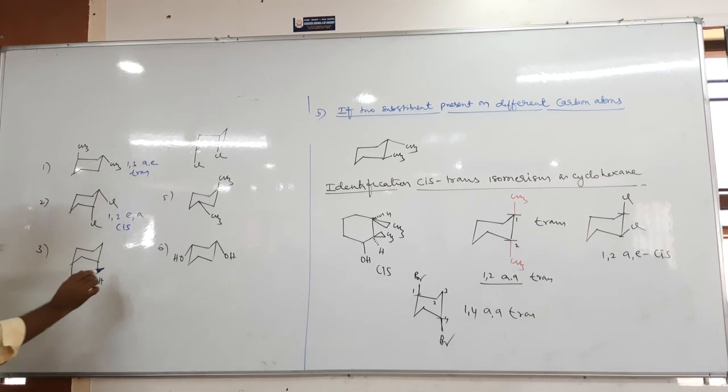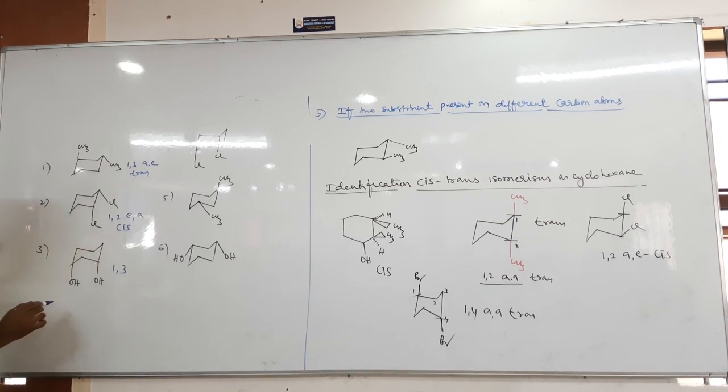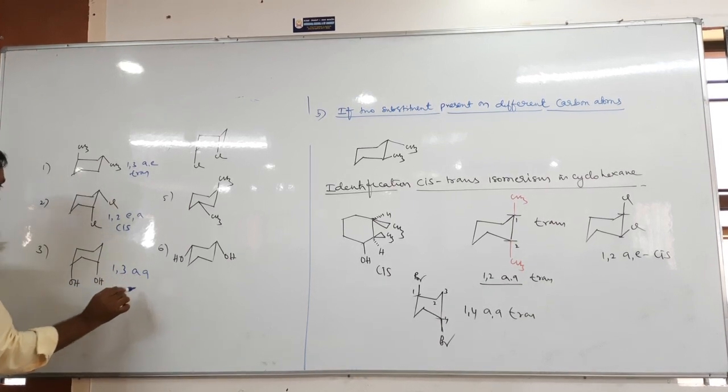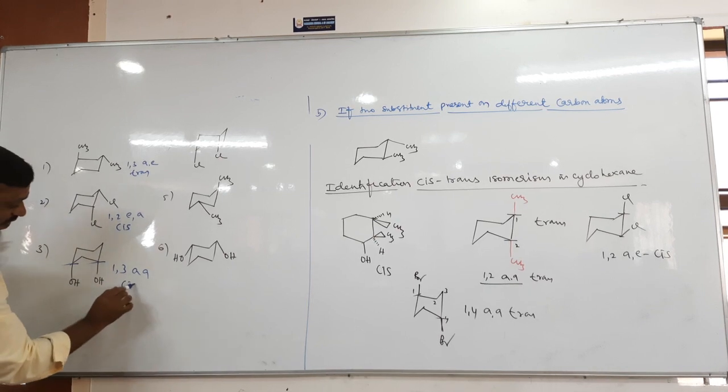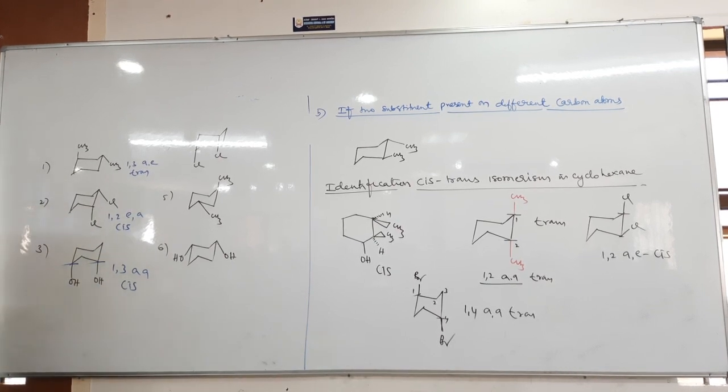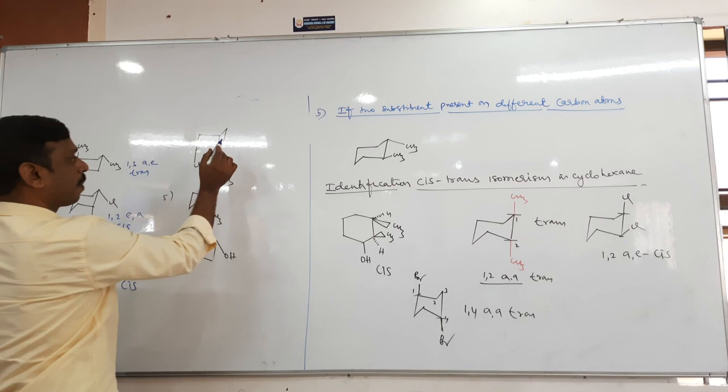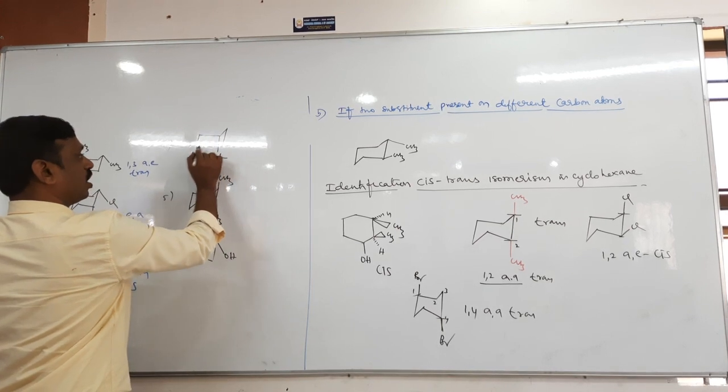Next. 1, 3, A, A. Below the plane, cis. It is 1, 2, 3.